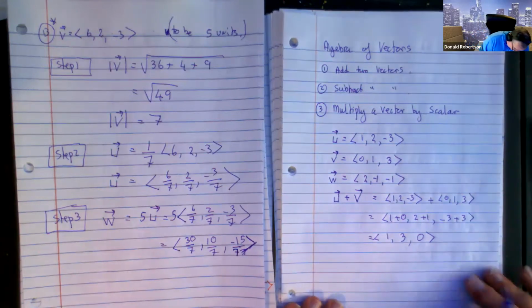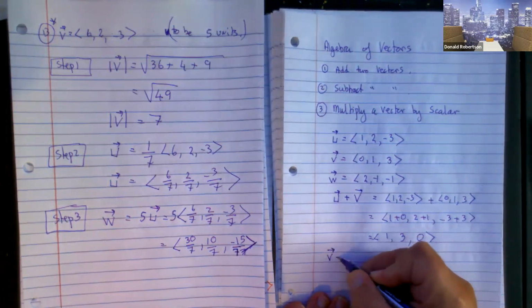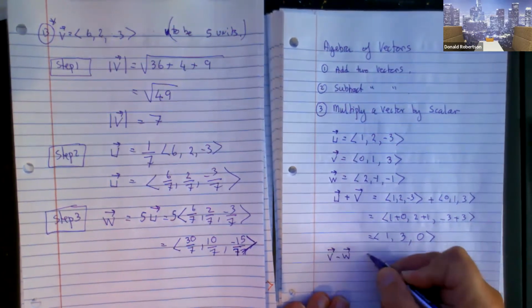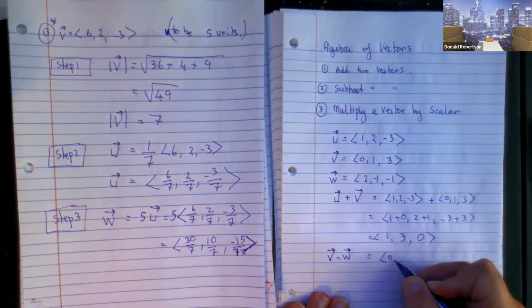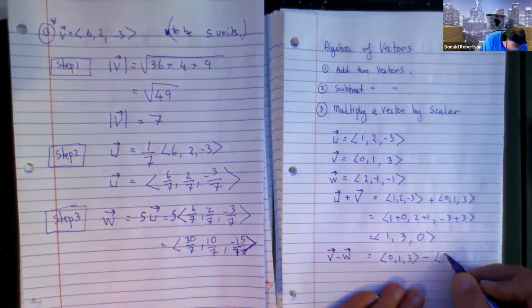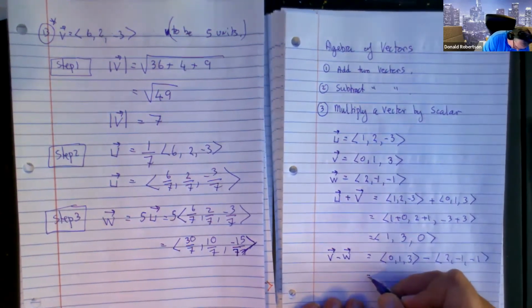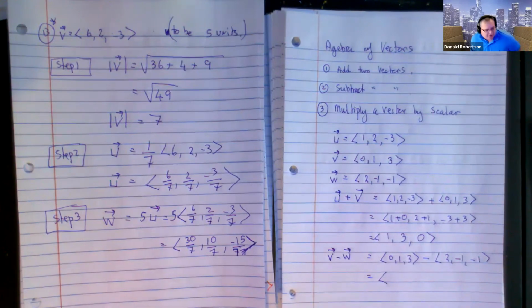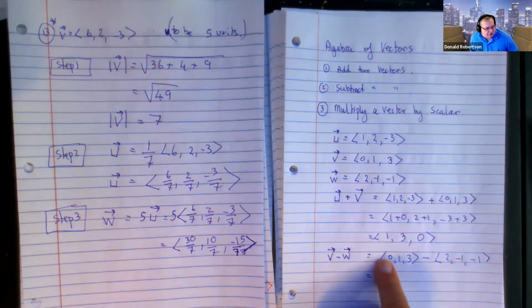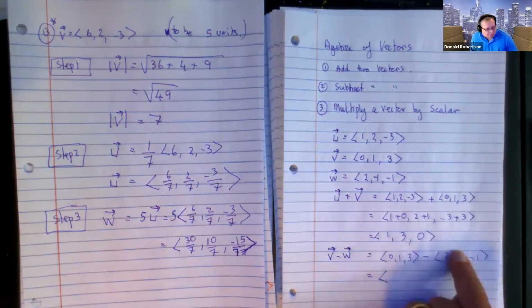Now, if you want to subtract 2 vectors, let's say v take away w, so you'd be taking the vector v, which is this guy, and subtracting the vector w, which would be that guy. And it shouldn't be a shock to you that basically, don't you take this guy, subtract that guy. X's, then y's, then z components.